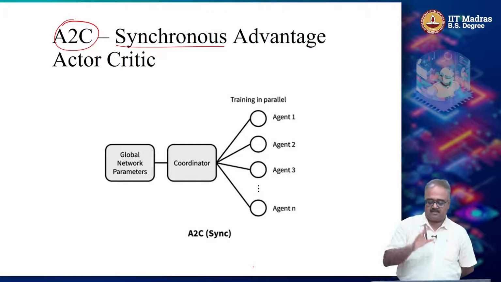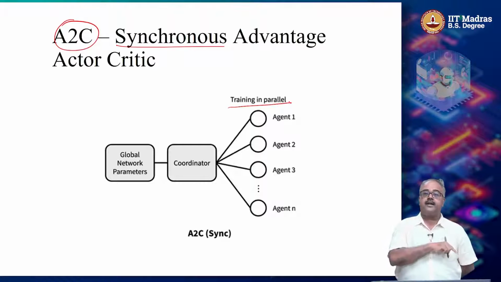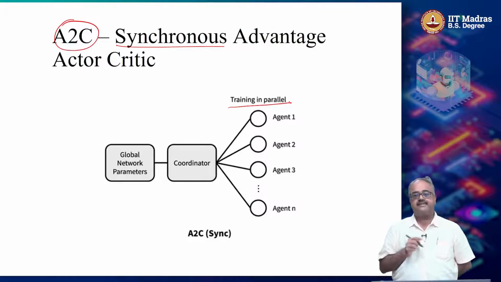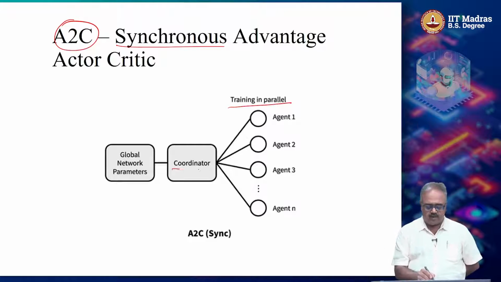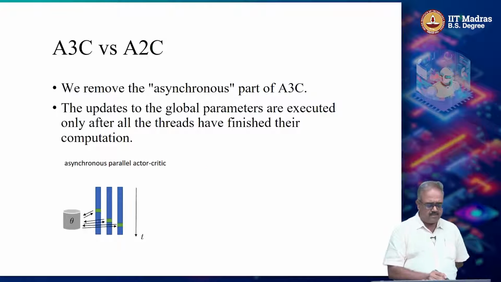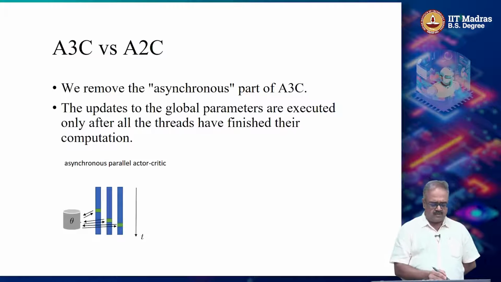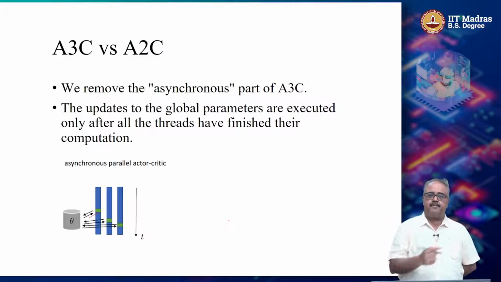So, having said that, what happens if I want to train in parallel, but I do not want the problems I have with asynchronous updates? In such a case, I include what is called a coordinator. What is the role of the coordinator? If you remember, in asynchronous, each thread samples independently from the central repository and updates independently.